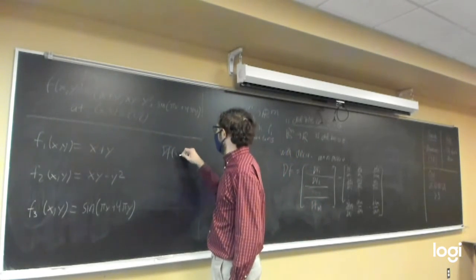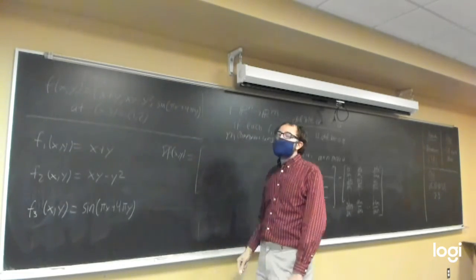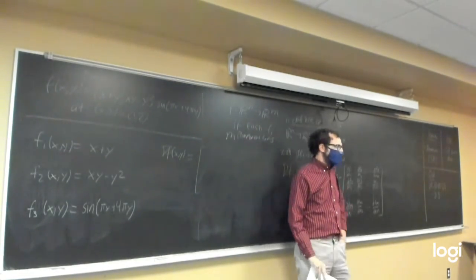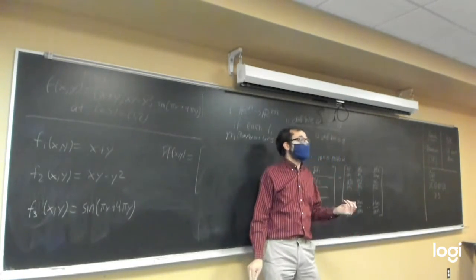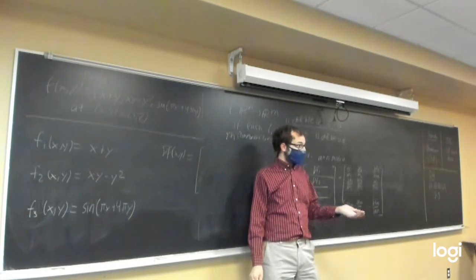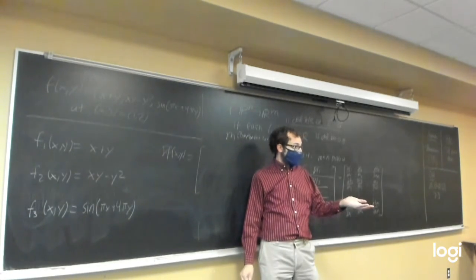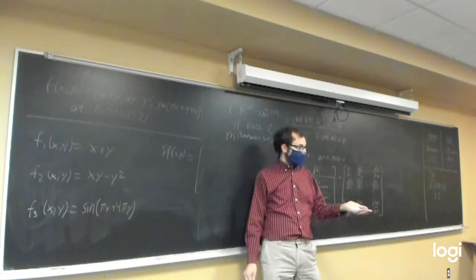So df of xy here. What's going to be the dimensions of our derivative matrix? So in other words, to start off, how many rows is the derivative matrix going to have? 3. Why? Because the original function that we're taking the derivative of goes from R2 to R3.